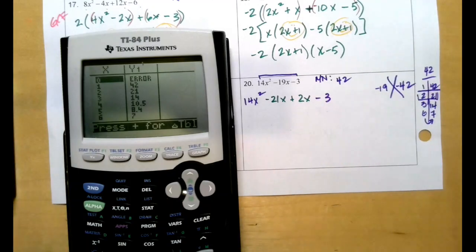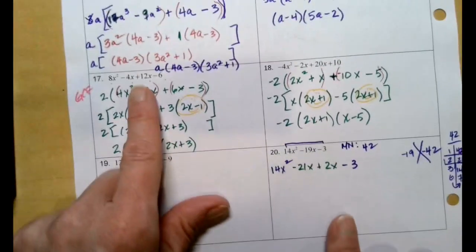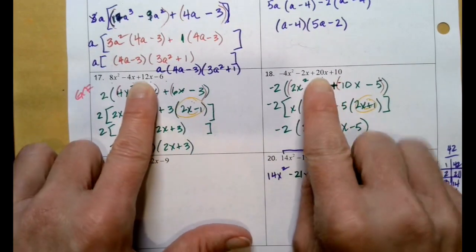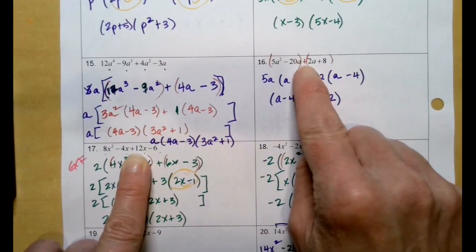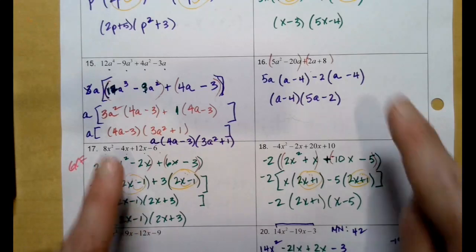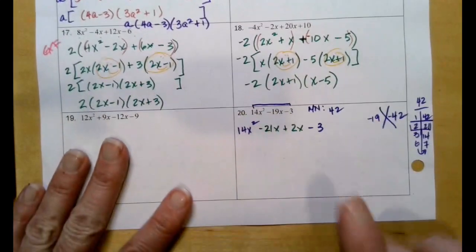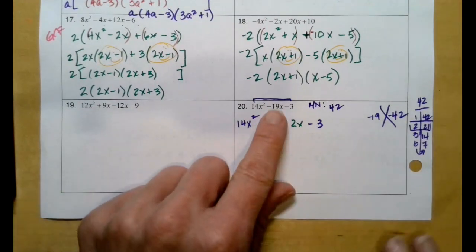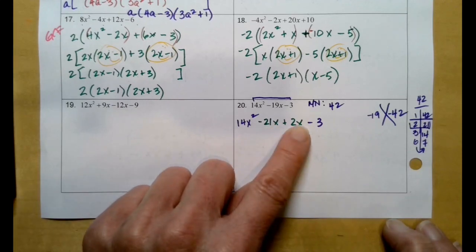Now what I want you to do is go back and see that this was a middle term that was split. We could have combined them. So these magic number parts were already done for us. Here we had to do it ourselves. I took negative 19 and I rewrote it as negative 21 and positive 2x's.